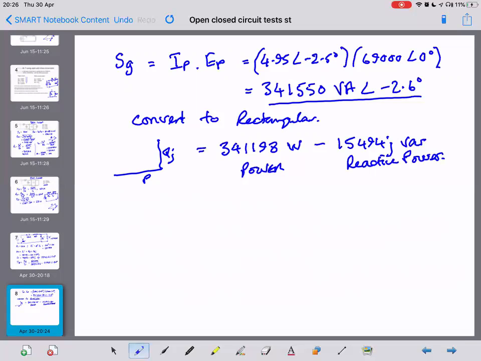This is S, and the angle in this case is 2.6 degrees. So that's the power being delivered to the system by the generator: 341198 watts.